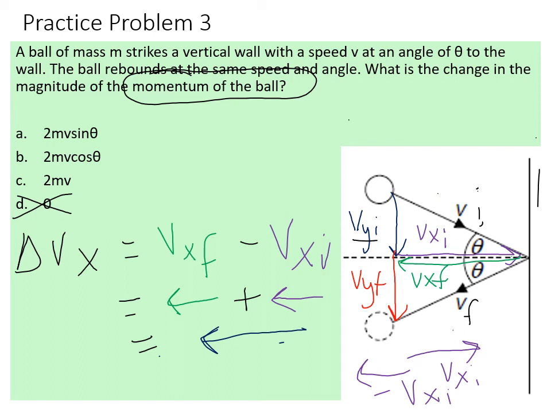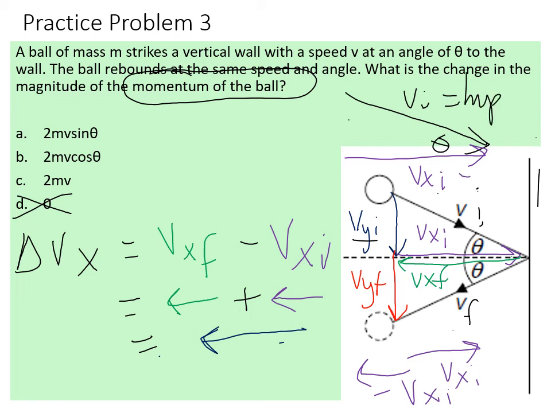Now, we're not going to answer an exam question with arrows and symbols like this. Some of the questions you'll do some arrows, but in this case, let's rewrite Vxf and Vxi in terms of known values about the vector triangle, about the speed. So looking here, we have this total magnitude of V initial coming in like this at some angle theta, and I want the Vx initial. This V initial is the hypotenuse, and this Vx initial is adjacent to the angle.